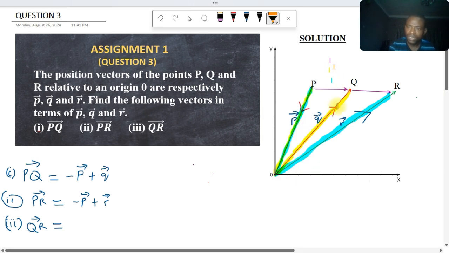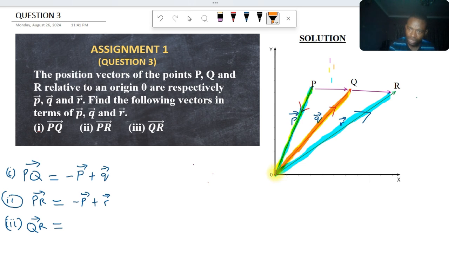So we are moving in this direction, opposite to Q, but in the agreed direction compared to R.